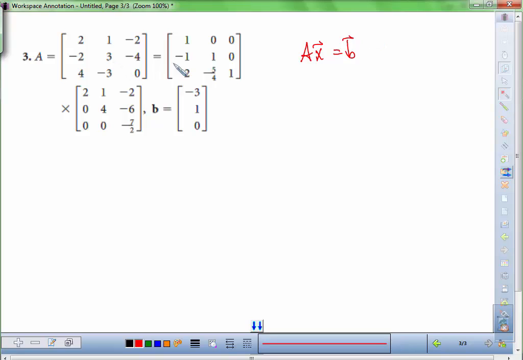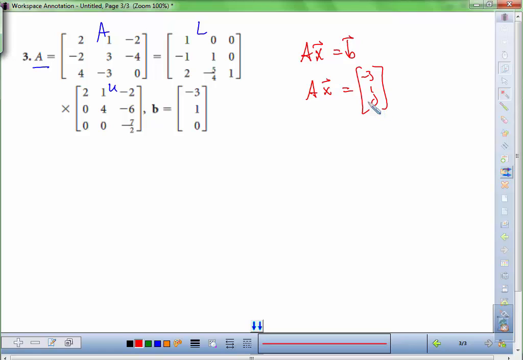So the idea here is that this is your L, and this is your U, and this is your matrix A. So L times U is our matrix. So what they're saying here is that Ax is equal to, and then your b is negative 3, 1, 0.